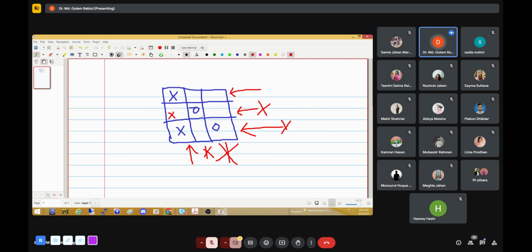This diagonal is not open for me, and this diagonal is also not open for me. So both of the diagonals, the right diagonal and the left diagonal, are not open for me.